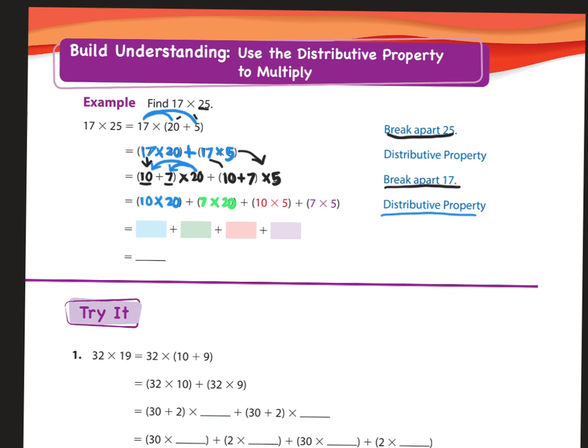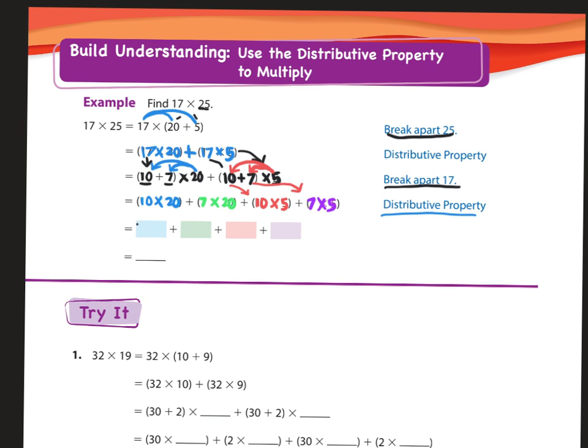On the other side, they distributed the 5 to both numbers. So 10 times 5, that's this one here, and 7 times 5. Now, all the multiplication that I have left to do is a lot easier than what I started with.